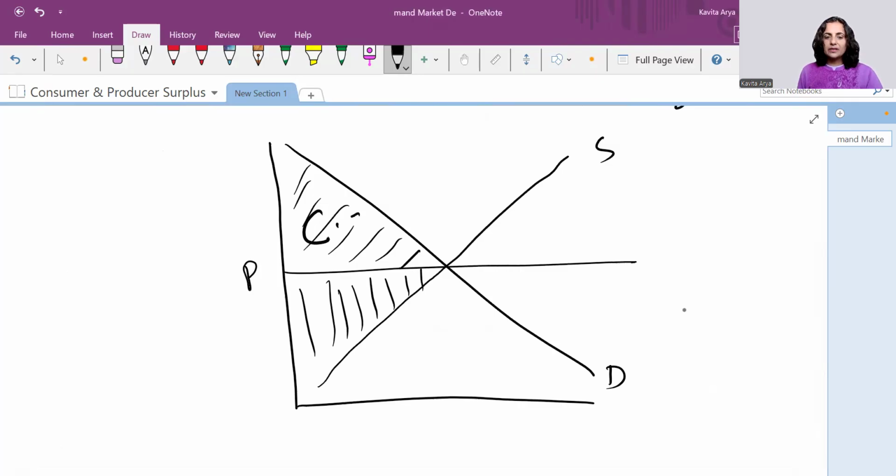So this becomes the consumer surplus and this becomes the producer surplus. The market which has the maximum consumer surplus and producer surplus is said to be the most efficient market. And which is the most efficient market? The perfect competition. Mind you, it's only perfect competition which gives you the maximum surplus taken together, consumer and producer, right? In other formats of the markets, our surplus keeps on going down.